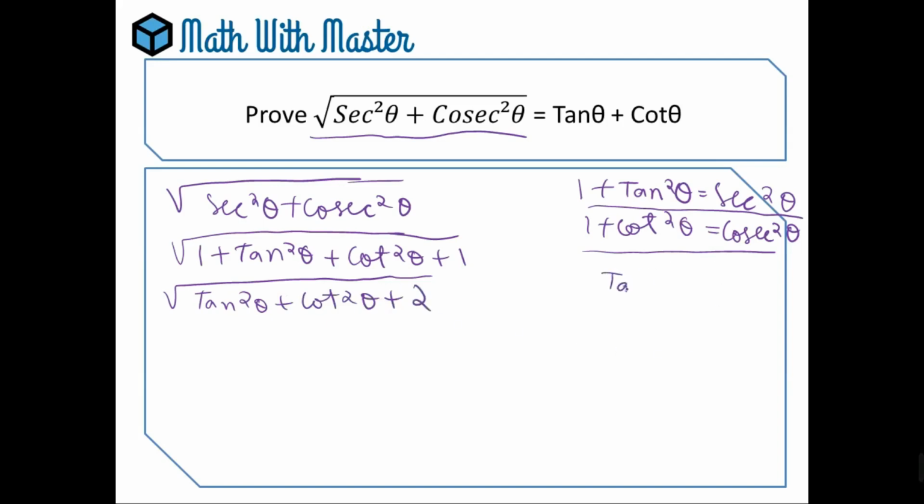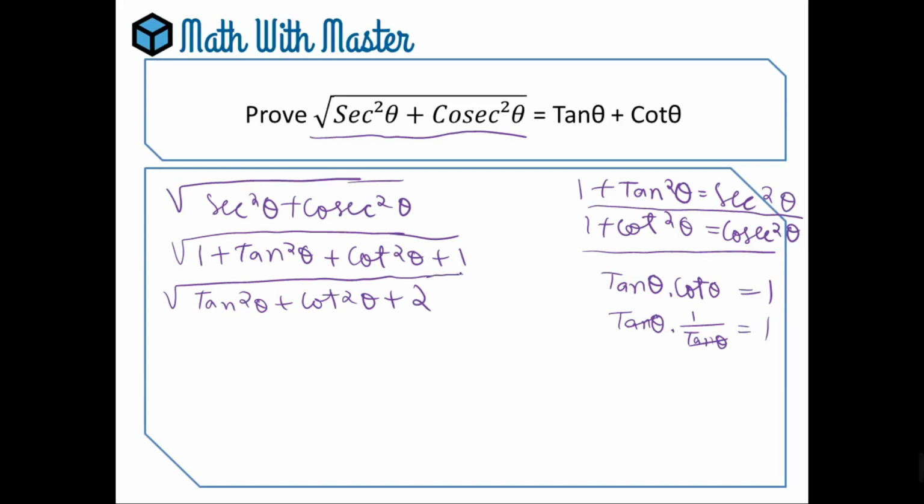Now when we multiply tan theta and cot theta, the answer will come 1, because cot theta is 1 by tan theta, and tan theta will be cancelled, so the answer will come 1. Anything multiplied by 1 is the same number.